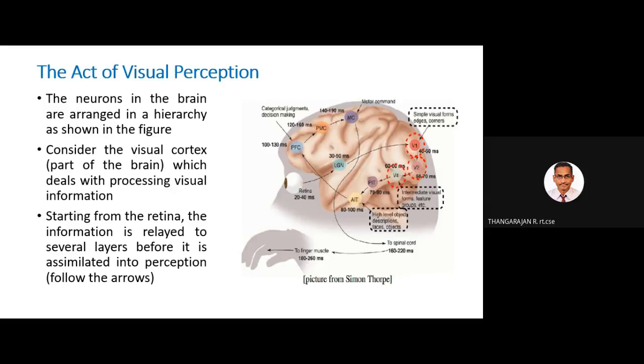The neurons do not react to the entire picture. Some neurons react to horizontal lines, some to vertical lines, some to diagonal ones. Likewise, different layers perform different types of processing, from low end to higher end. And finally, the entire image is assimilated in the brain.